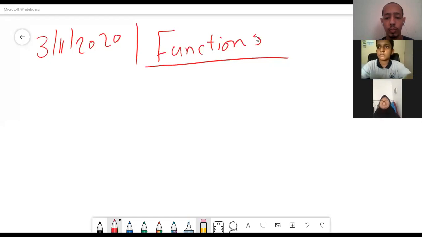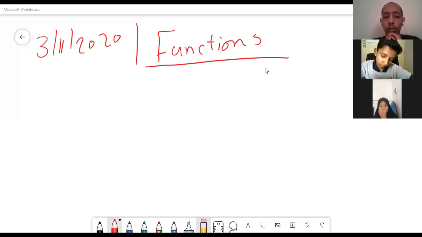Today, inshallah, we are going to discuss and learn about functions. Last lesson we studied equations, and we studied that an equation is like a relationship with two sides, with equal two sides, right?